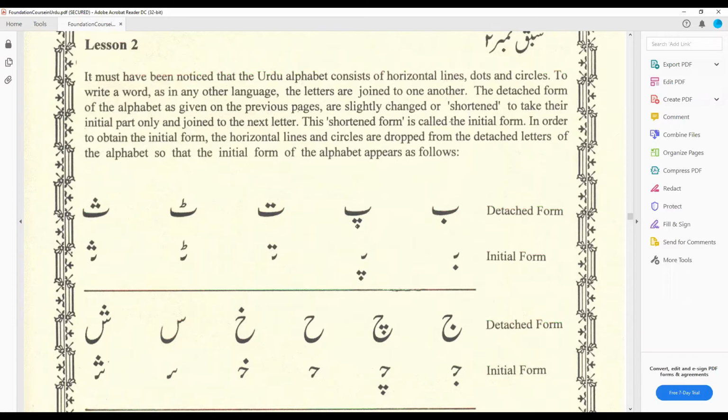The short form is called the initial form, and in order to obtain the initial form, the horizontal lines and the circles are dropped from the detached letter so that the initial form of the alphabet appears as follows. So it means letters have two shapes, one full shape, one half shape.